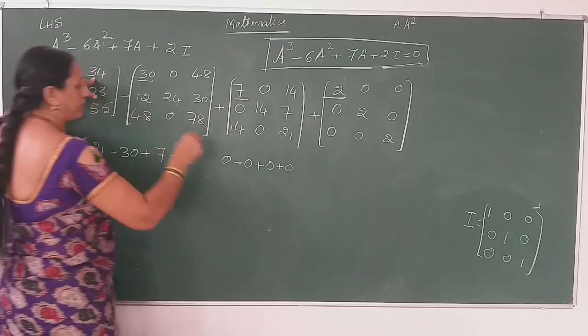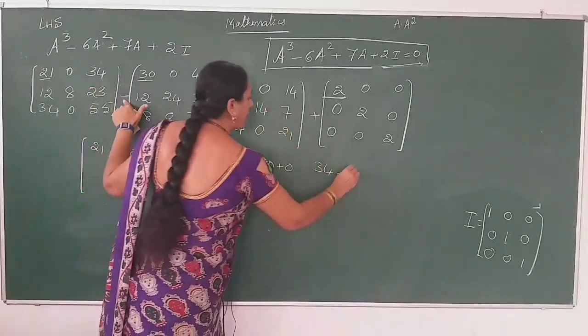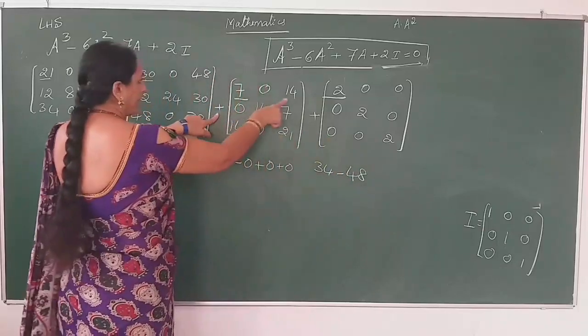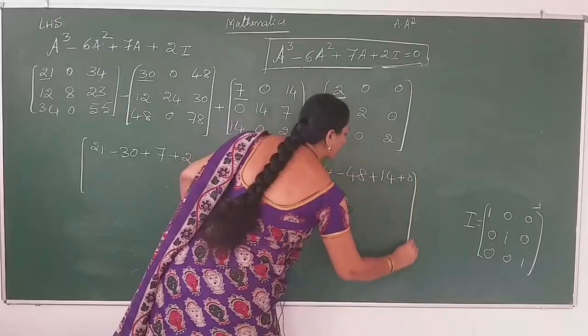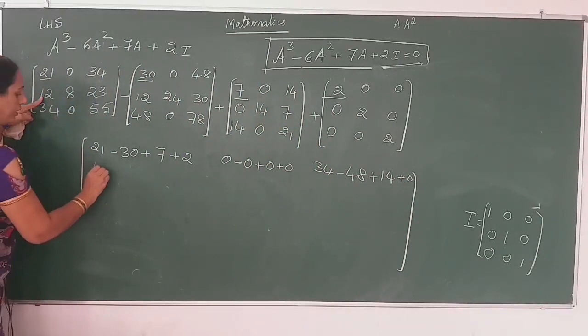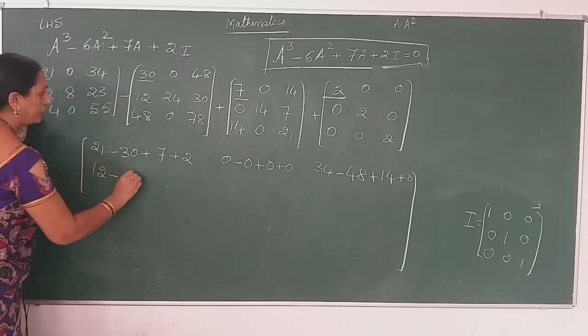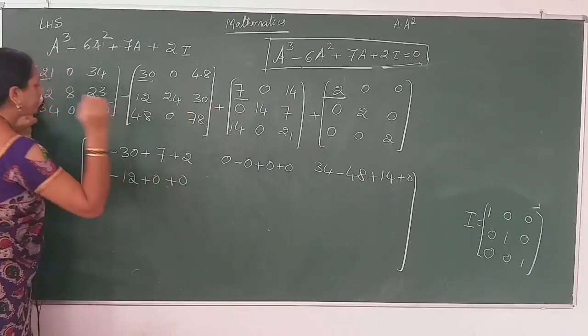Third elements are 34 minus 48 plus 14 plus 0. Similarly, in the second row, 12 minus 12 plus 0 plus 0.